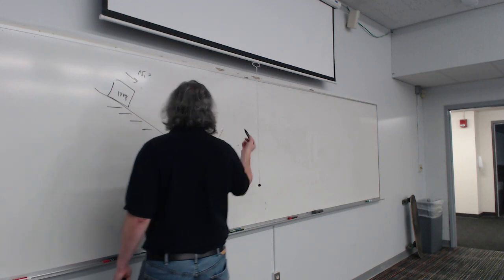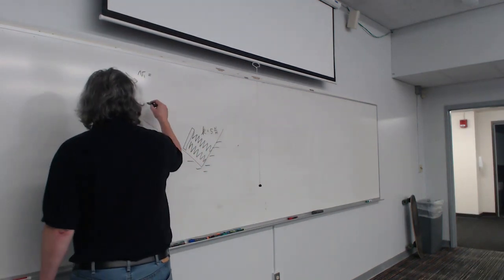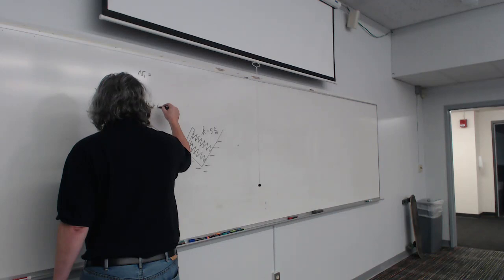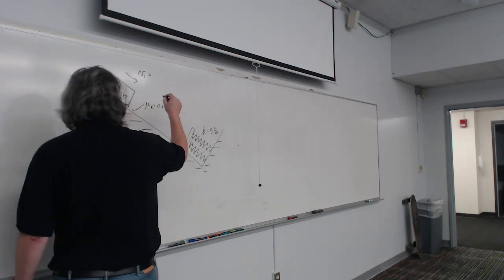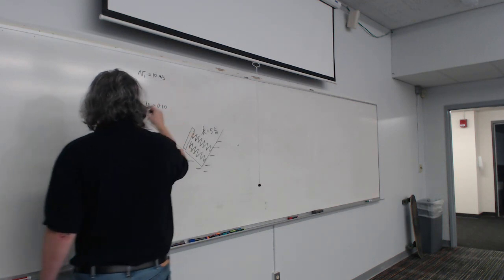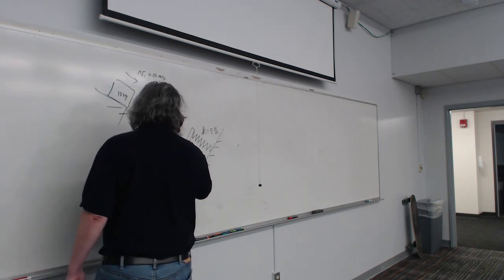I hope that's small enough. We'll see. And then we have a coefficient of friction of, let's make it something small, 0.1. And this velocity, let's make it 10 meters per second.